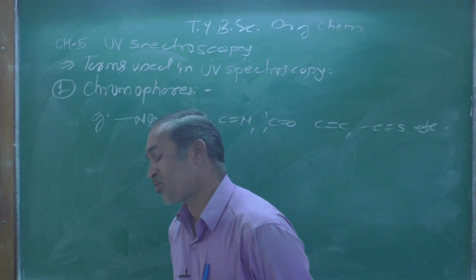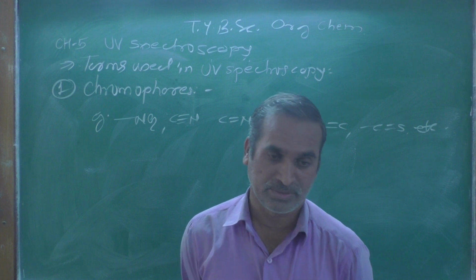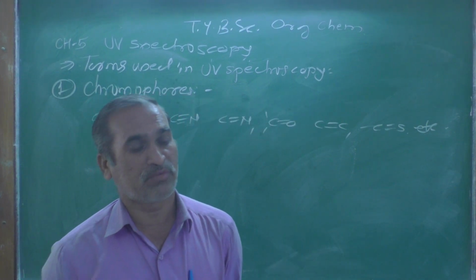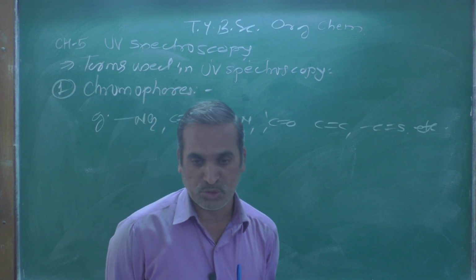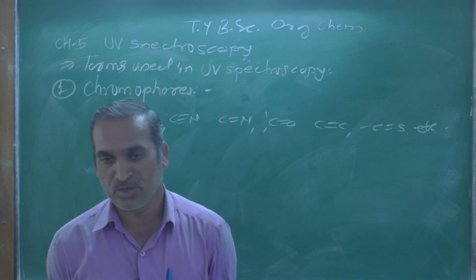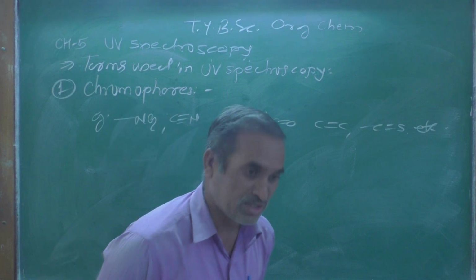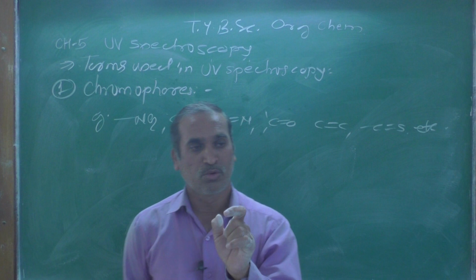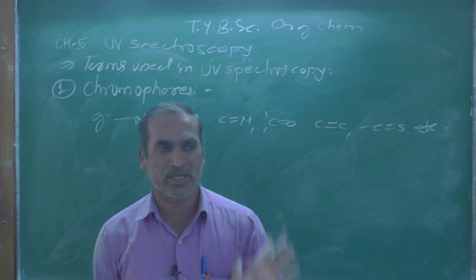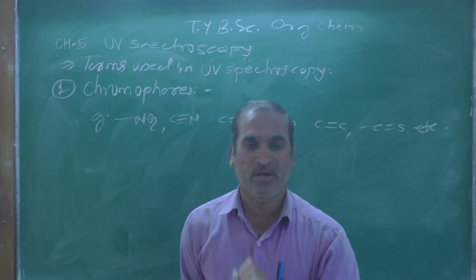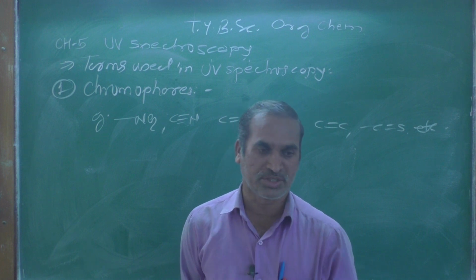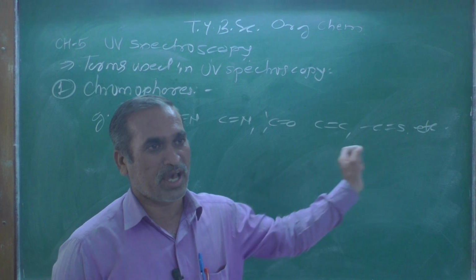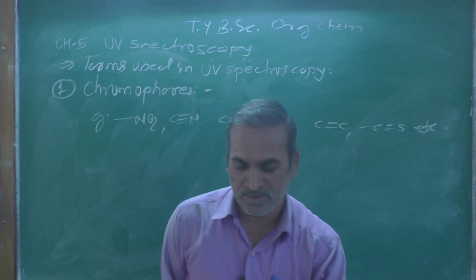They can absorb UV radiation even in isolated form. Therefore, according to the definition, once again remember, a chromophore is an isolated functional group capable of absorbing UV radiation, and these are the examples of chromophores.